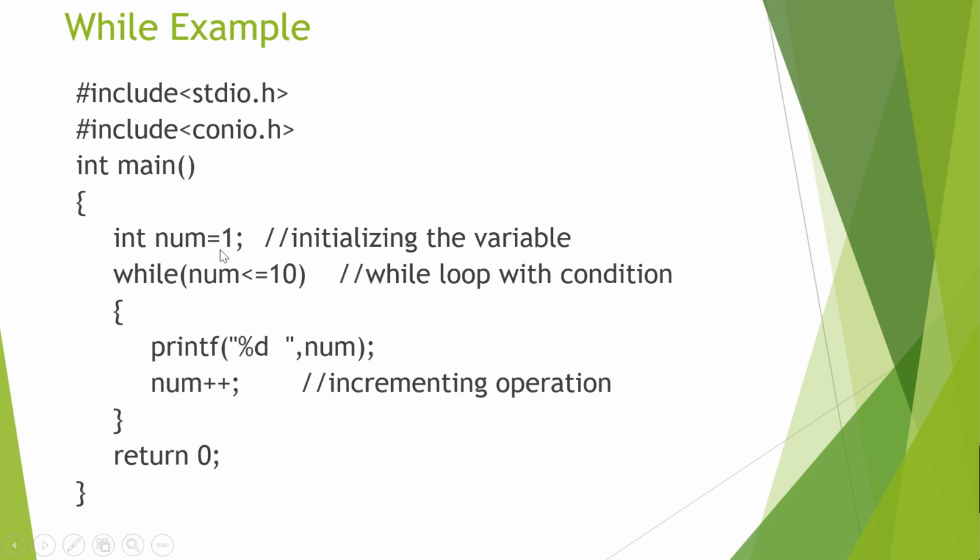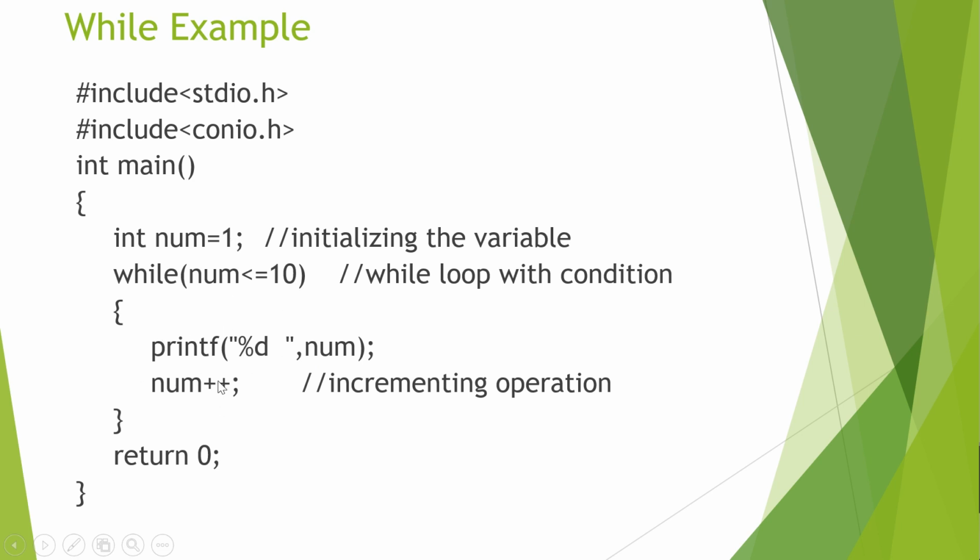Here we have declared one variable num. Now if num is smaller than 10, which is true currently, then the condition will be true and the statements inside the while loop will execute. Here whatever the value of num is will be printed with this format specifier. Num will be 1, so in the first go 1 will be printed.